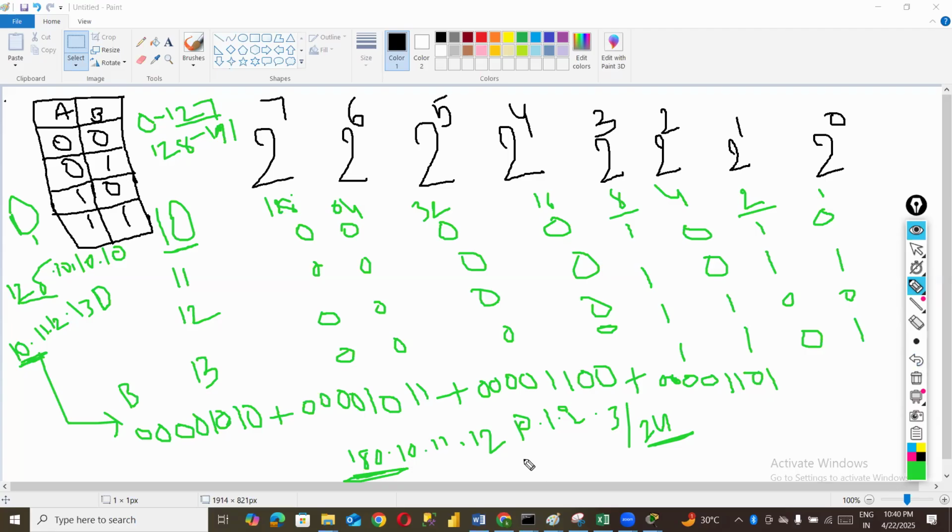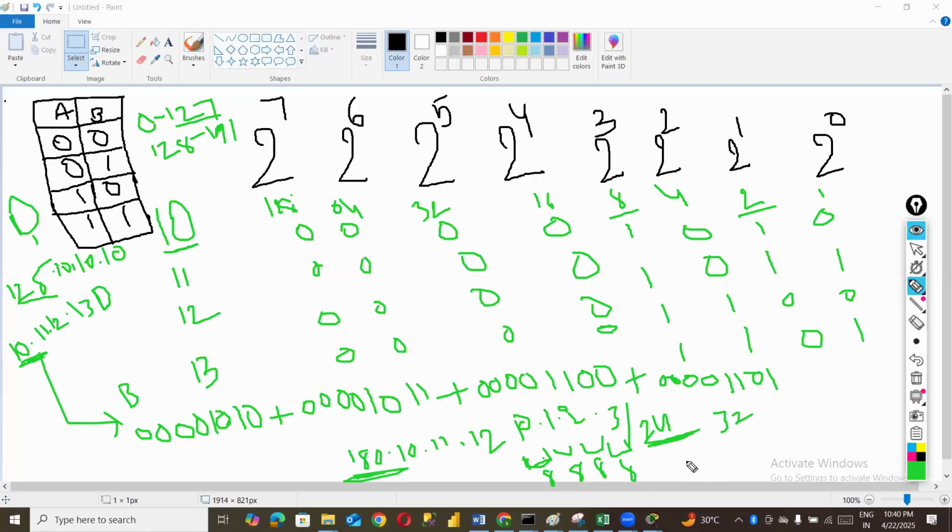An IP address is a combination of 4 octets: octet 1, 2, 3, 4. Total 4 octets. Each octet contains 8 bits, right? So our IPv4 is a 32-bit range.